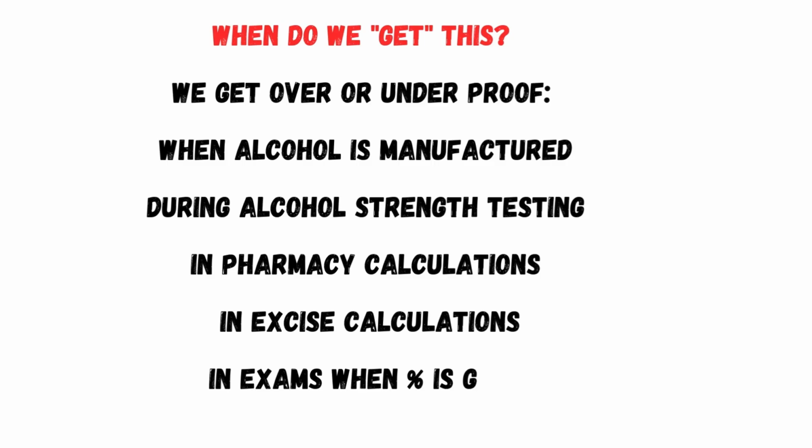In pharmacy calculation, whether the answer we obtain is overproof or underproof matters. In exercise calculations in exams, where you need to know about overproof and underproof, knowledge of them is very important. Now let's see the calculation part.